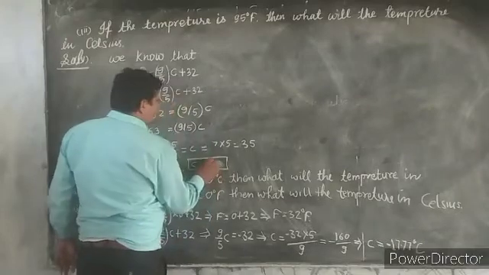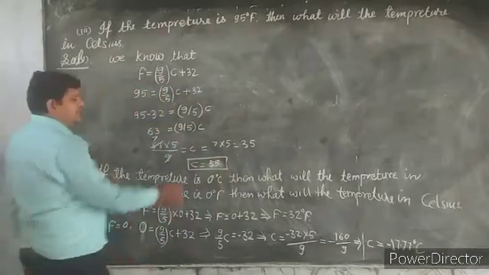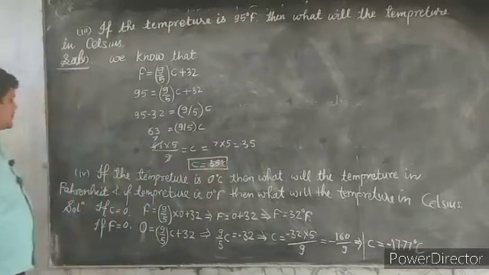So you can write C is 35. It means when F is 95, C will be 35 degrees centigrade.